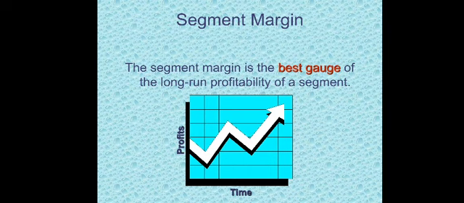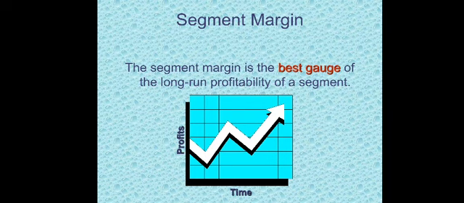You prepare an income statement for your business. Yes, you can see the performance of your business, but you cannot see the performance of segments under your business.